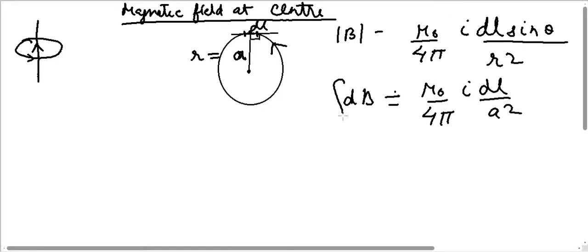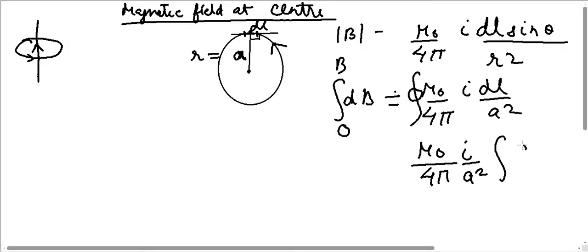Now if I want to find the total magnetic field, it is very similar to what we did to find the electric field in our electrostatics chapter. I will just integrate this. I will not put limits because it is a very simple integral now. What I will do is take the constants out of the integration sign. It is just a line integral. So mu naught by 4 pi I by a squared, integration of dl.